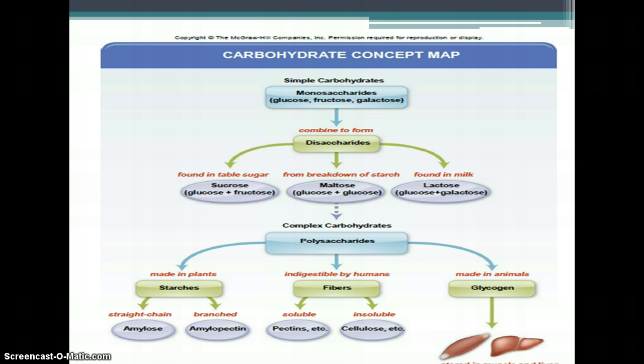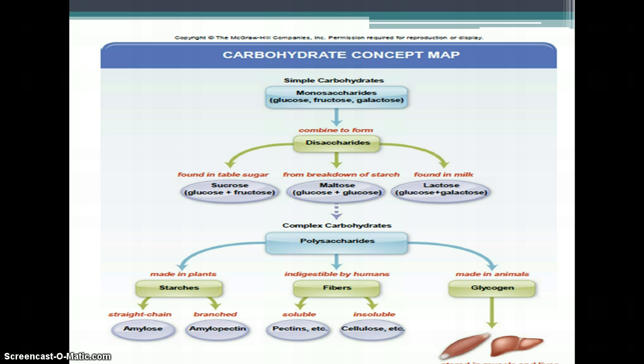This is an excellent figure out of your textbook that really, I think, helps visual learners to see kind of an organizational chart, if you will, of carbohydrates. So in the next few moments we'll be talking about how carbohydrates are organized. You've probably heard of simple carbohydrates and complex carbohydrates. And yes, those are two main groups of carbohydrates, or categories, but within those categories we have subcategories.